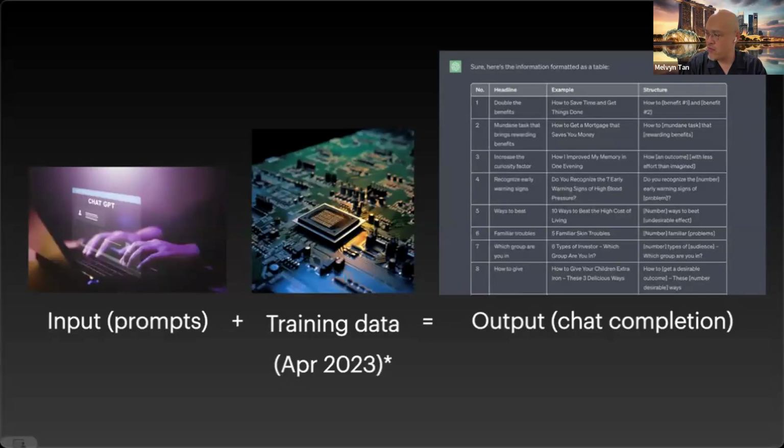For GPT 3.5, if I'm not mistaken, it's still November 2022. I mean, these things keep updating. So what I was more focused on was ChatGPT 4. What that means is that if you ask ChatGPT 4 anything that happens after April 2023, it would not be able to give you that answer.